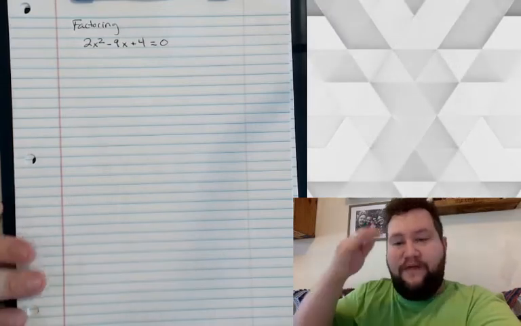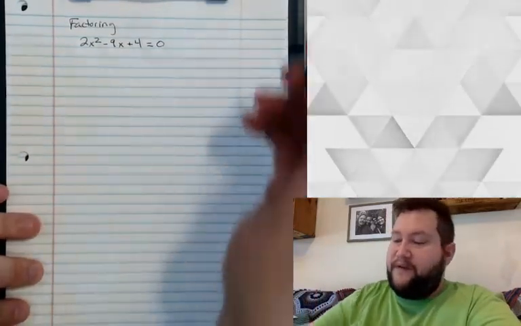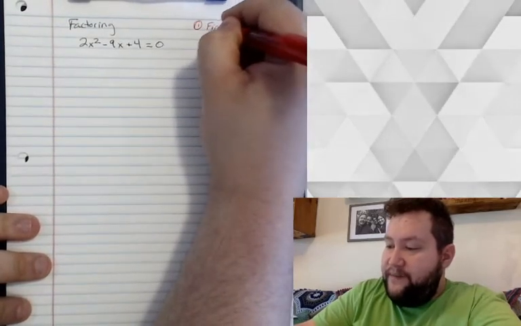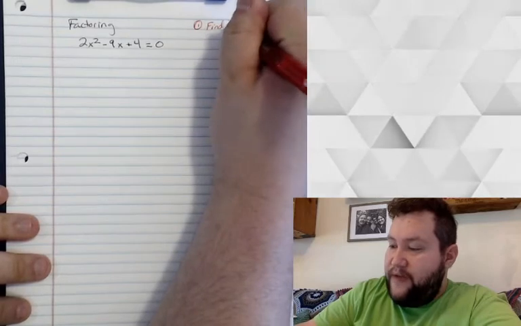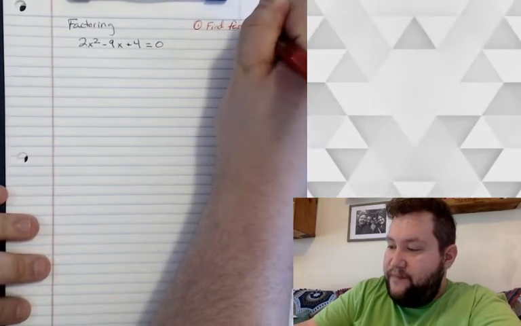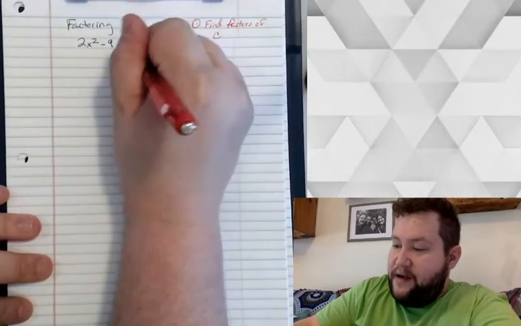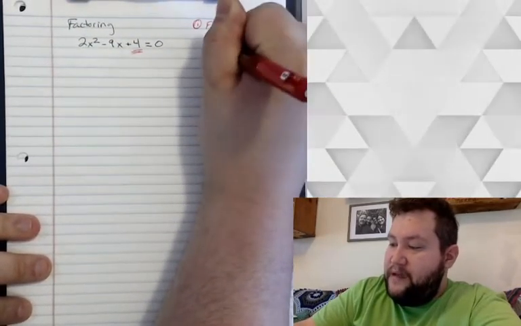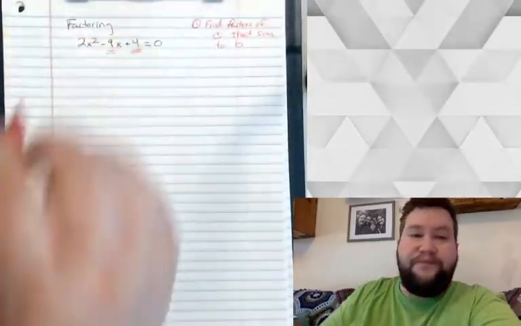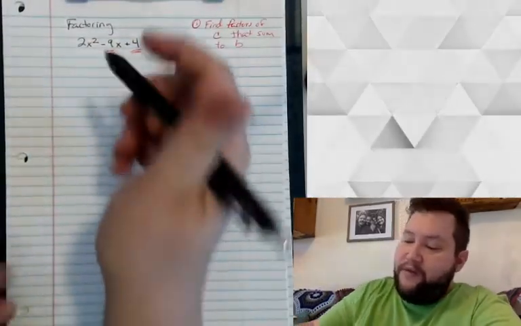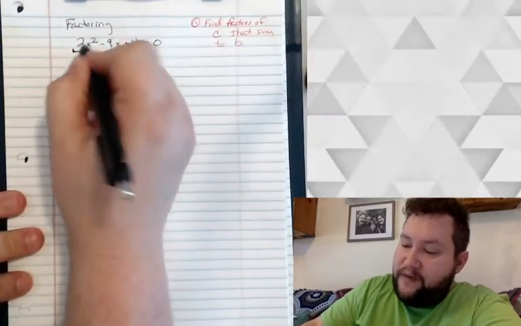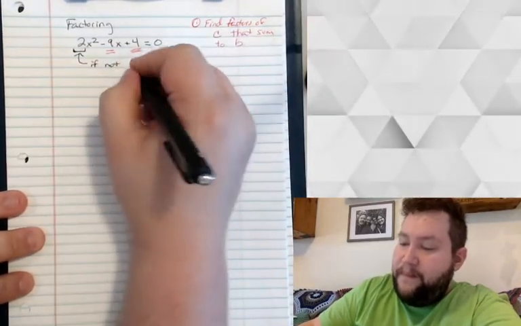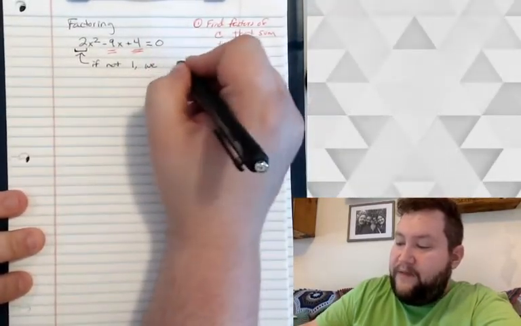Remember, we had a process that we talked about in a previous video, that when we factor, we find factors of c, our constant term, that sum to b, our middle term. And whenever our leading coefficient isn't 1, we have a little half step.